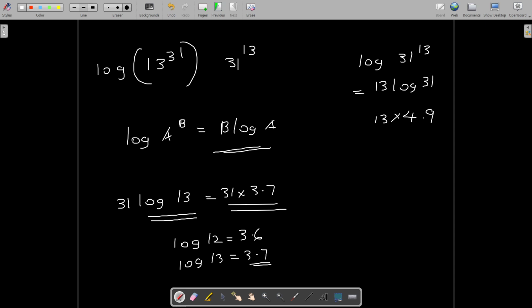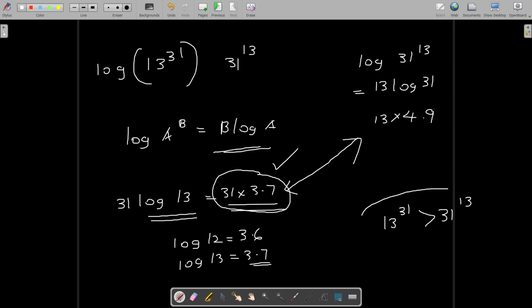Now it is easy to compare. Which is greater? 31 times 3.7 or 13 times 4.9? Clearly 31 times 3.7 is greater. This is the greater value, which means that 13 raised to 31 is greater than 31 raised to 13.